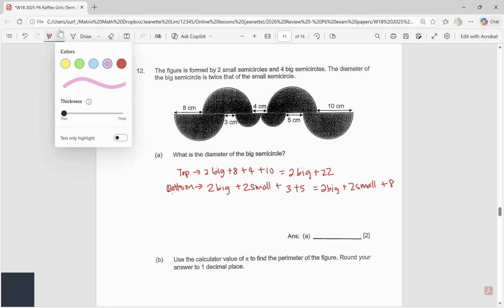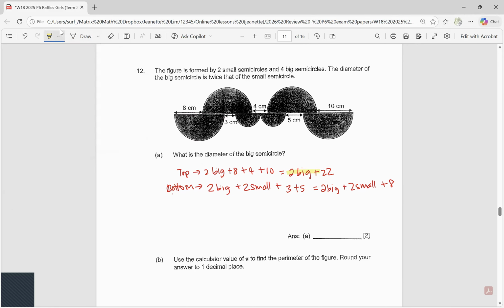So when we compare these two, they are supposed to be equal. So 22 is actually the same as 2 small plus 8.